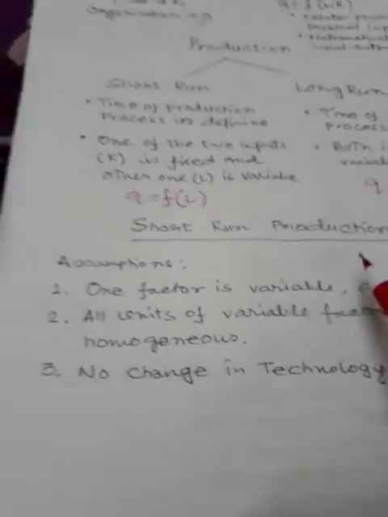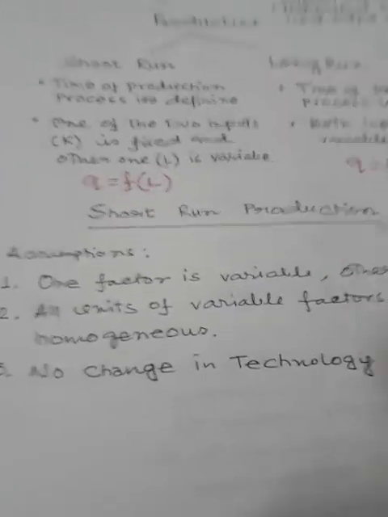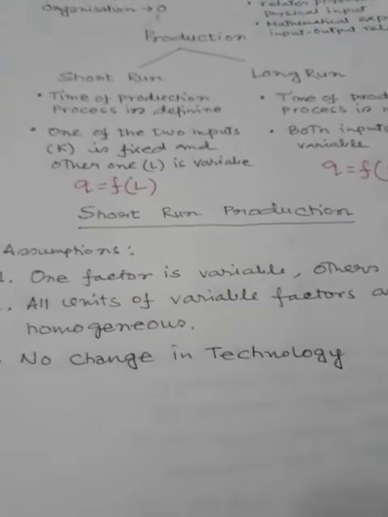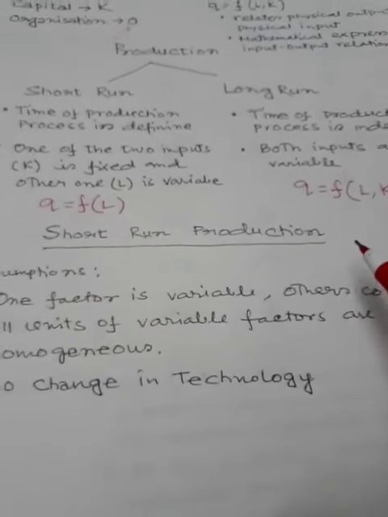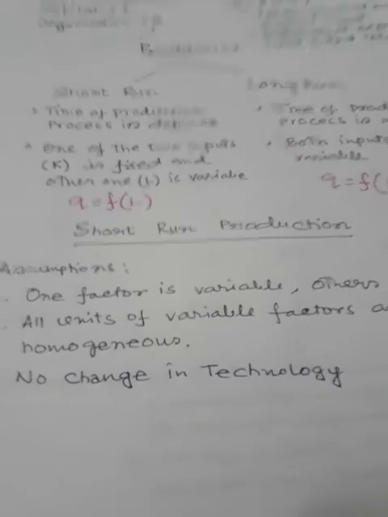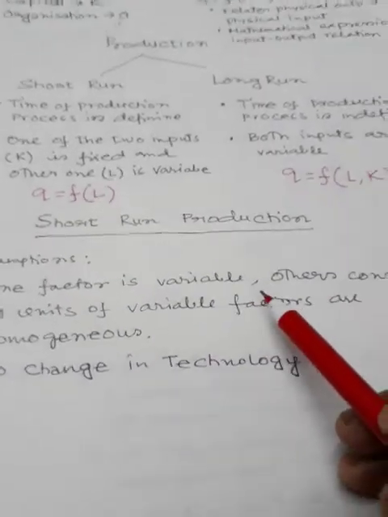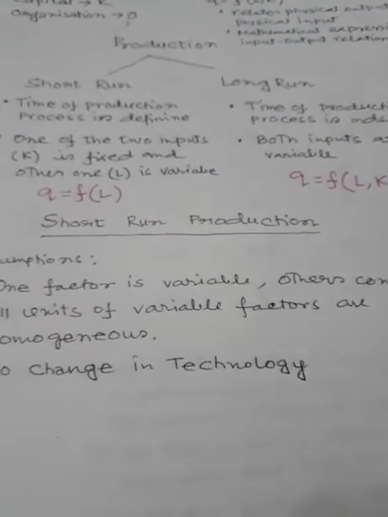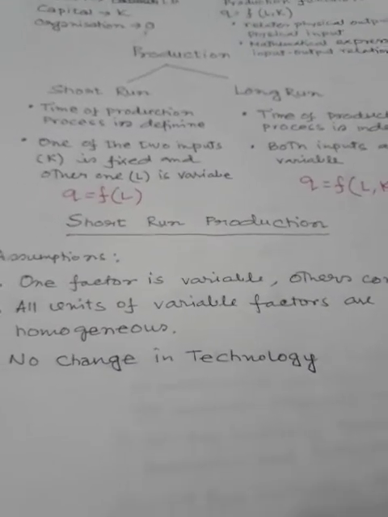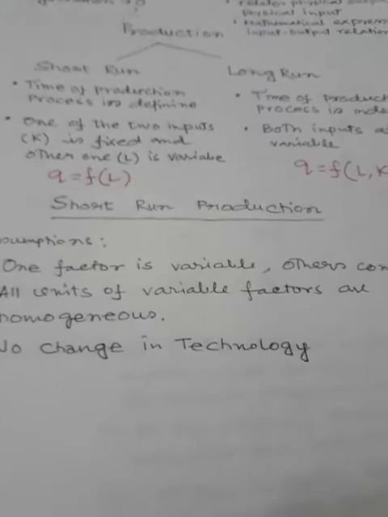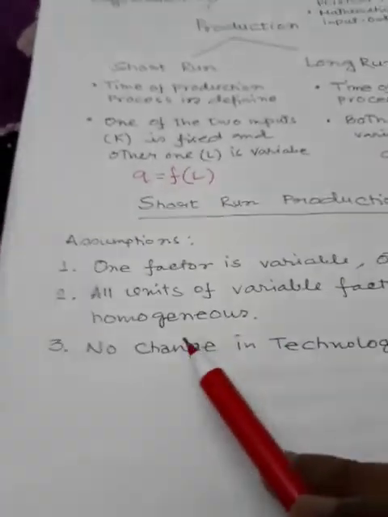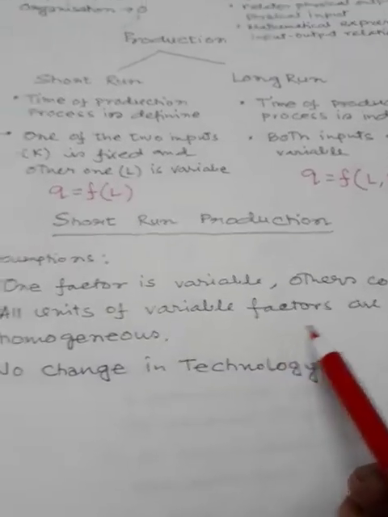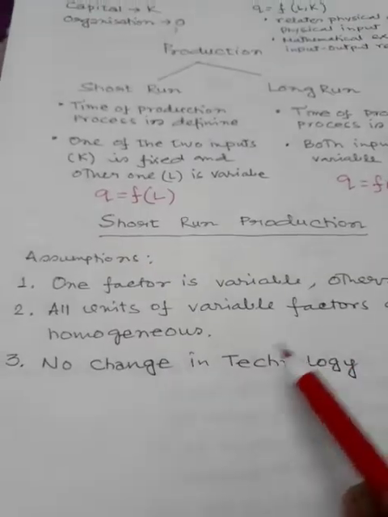Now, in case of short-run production, there are some assumptions also. We have to assume that one factor, between L and K, is variable and the other one is constant. That we already know. That's why the production function is Q equal to function of L only, there is no K.